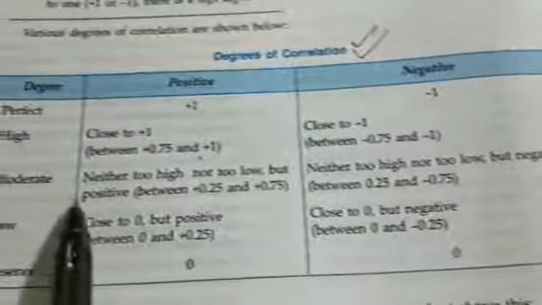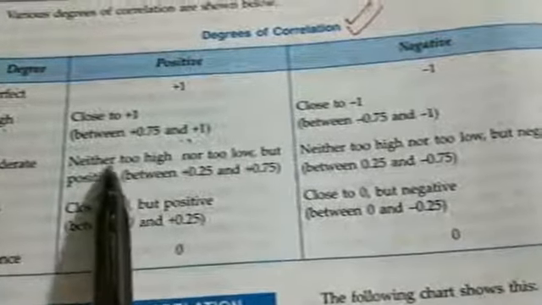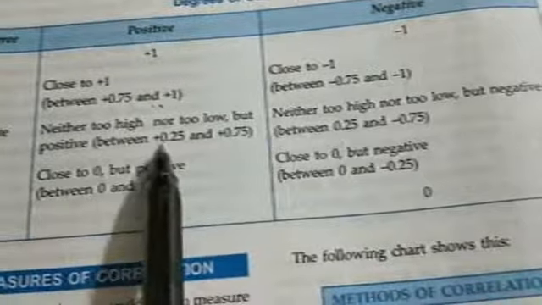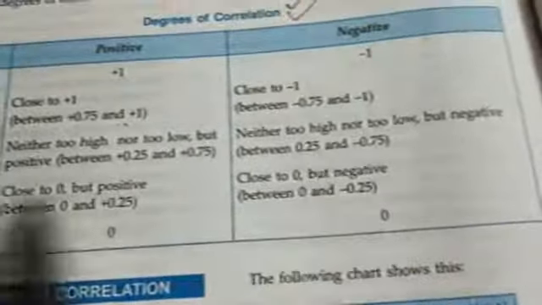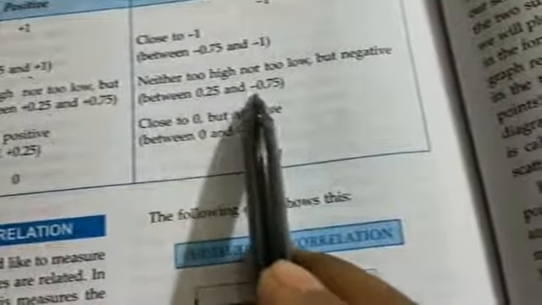Is it clear? Then moderate correlation is when you get neither too high nor too low, positive between 0.25 and 0.75, but it will be moderate negative correlation when it is between -0.25 and -0.75.